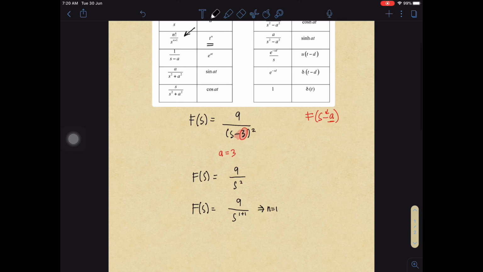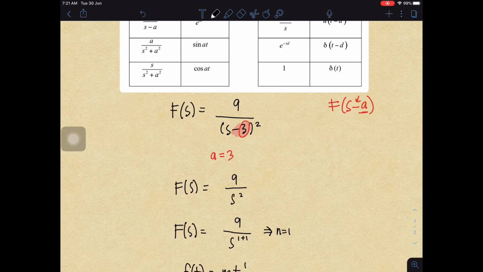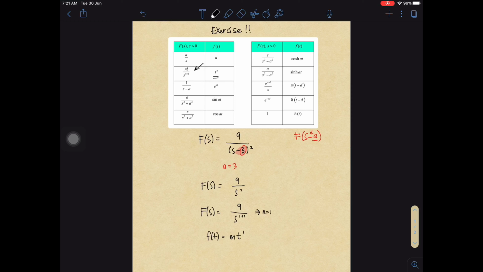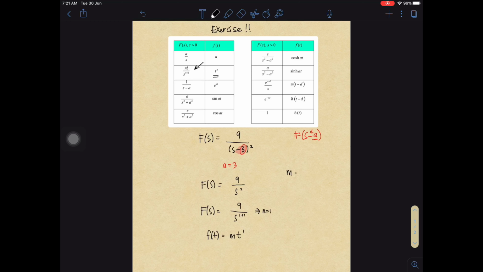This will give you the function f(t) equal to t to the power of 1, but don't forget you have m in front here. So how to find m? To find m, you just need to write m times n factorial equal to whatever you have in the numerator of your function, 9.